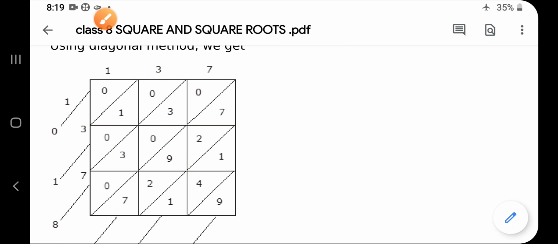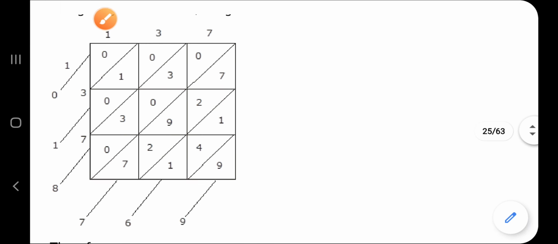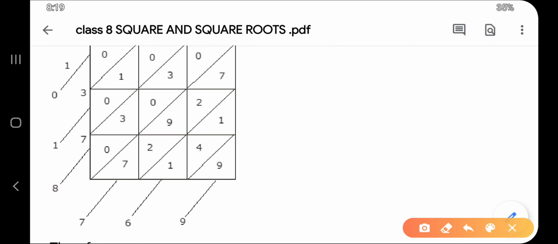That's it. And now what we need to do? We need to add them diagonally. 9, the sum is 9. This sum is 6, 4 1 5 and 1, 6. And now this sum, 7 2 9 and 9, 18. And 18 and 9 again, 27. The carry is what? 2 is the carry here, remember. The sum is not 7, the sum is actually 27, but only the ones place is taken here, and the other digits are added to the next box.